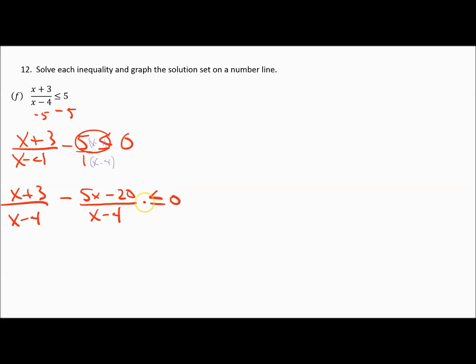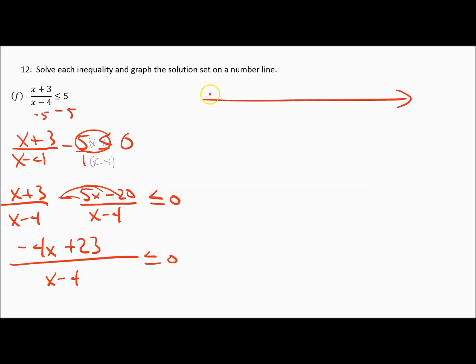I'm still trying to combine this together. So now it's going to be one fraction over my common x minus 4. Now, like terms, so x and a minus 5x is going to give me negative 4x. Okay? 3 plus 20, because this negative has to distribute inside. So 3 plus 20 is plus 23. Now, this is my inequality that I'm putting on the number line.